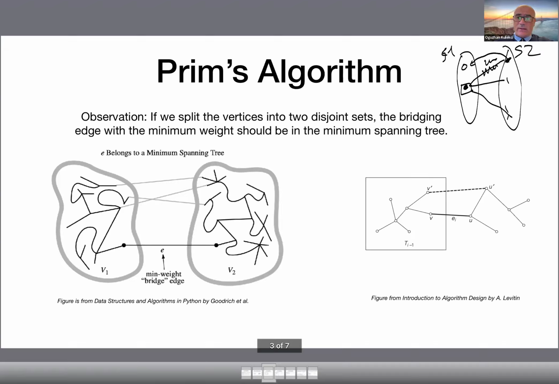Now, I know that my starting vertex is connected with this new vertex with this minimum edge. And surely once this vertex moves to set 1, its connections with set 2 are added to the bridging edges. Again, I will do the same thing.